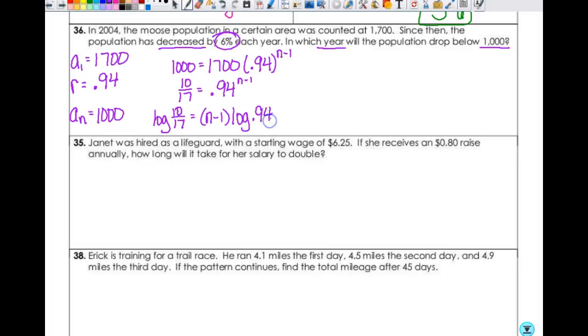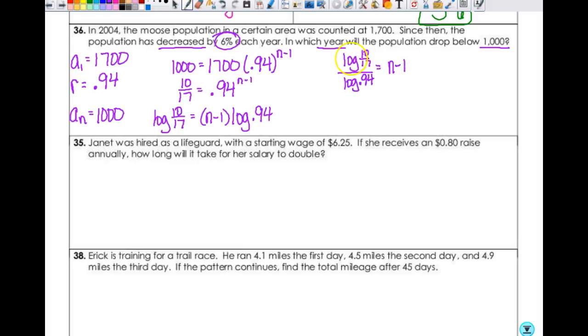Now, whether you use natural log or common log, it doesn't matter, as long as they're the same on both sides. So before I do anything in the calculator, I would go ahead and divide both sides. So I'm going to get the log of 10 over 17 over the log of 0.94 is equal to N minus 1.